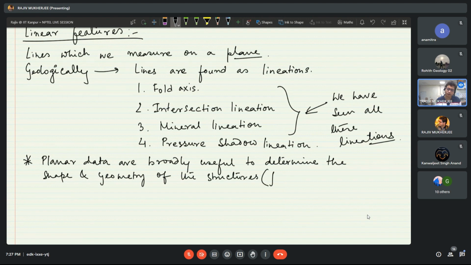Whether it is a fold or fault, right? These kinds of things we get from the planar data, right?